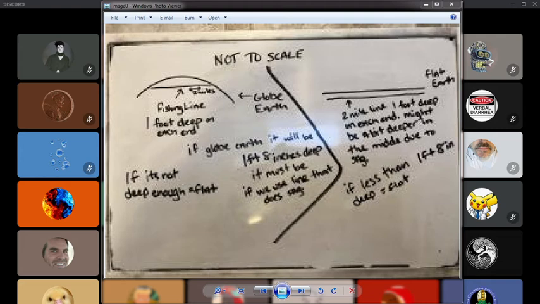Will the water have to be bulging? Will it work in the Dead Sea, Jeremy? I mean, it should work on any body of water. The Dead Sea is oversalinated. It's just where everything basically floats. Yeah.